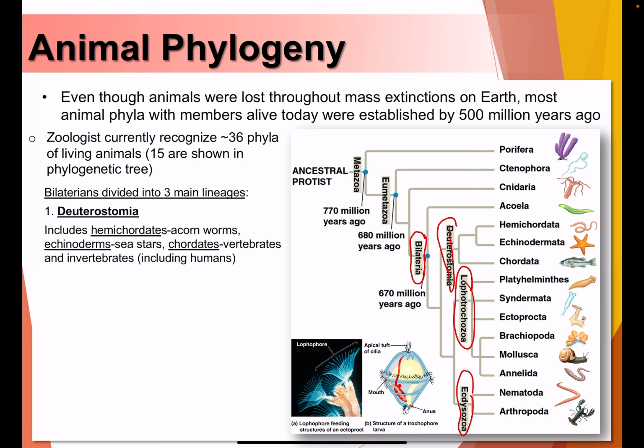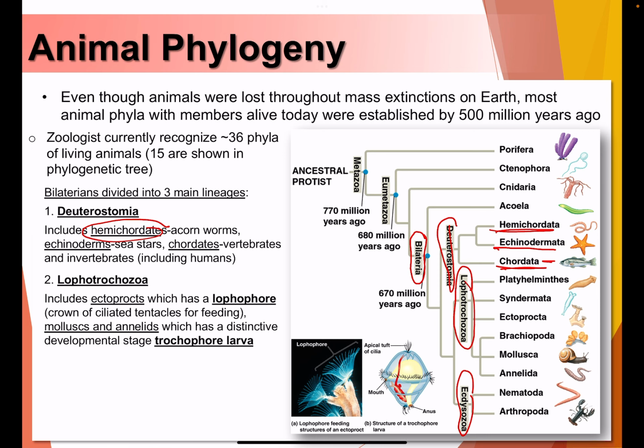For Deuterostomia, these are hemichordates, for example acorn worms, echinoderms, or Echinodermata, which are your starfishes, and then chordates, or Chordata, which are your vertebrates and invertebrates, including humans. It's a very diverse phylum we'll talk about in chapter 34.